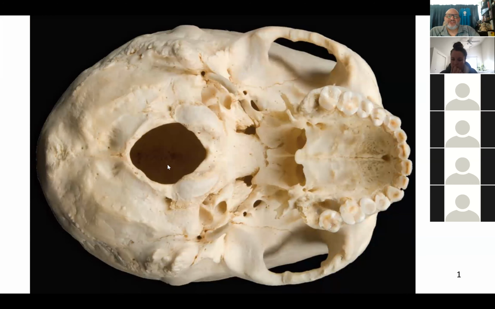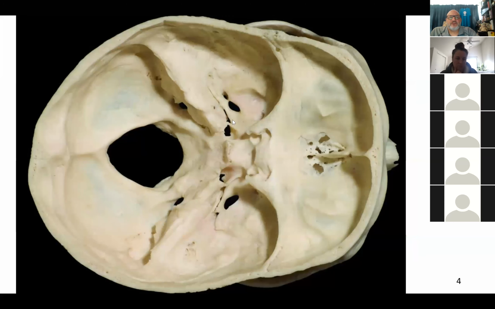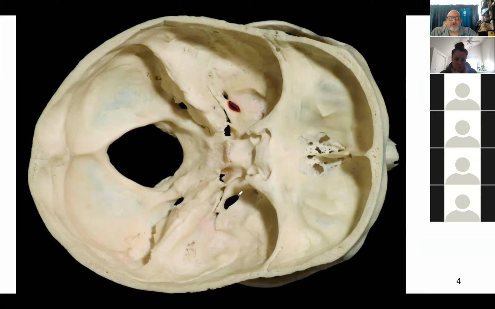Notice one of the challenges on this exam is going to be getting used to being able to identify all the holes. Some of them become pretty easy. The foramen ovale is oval shape. The foramen spinosum is the tiny little speck holes next to it. Foramen magnum, big hole.